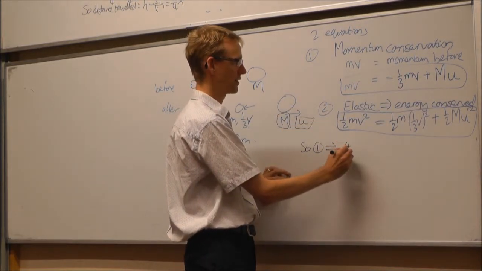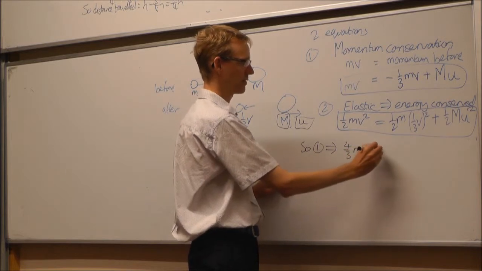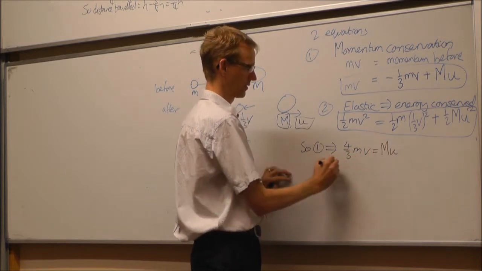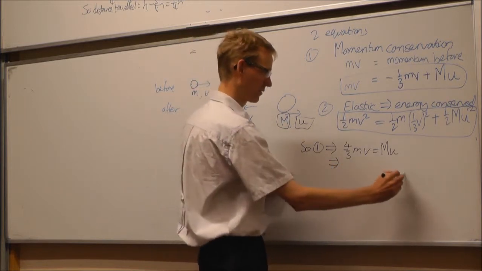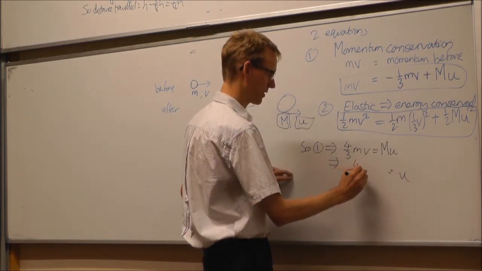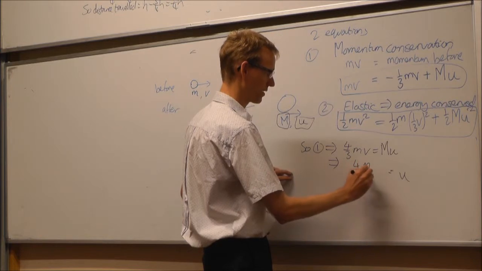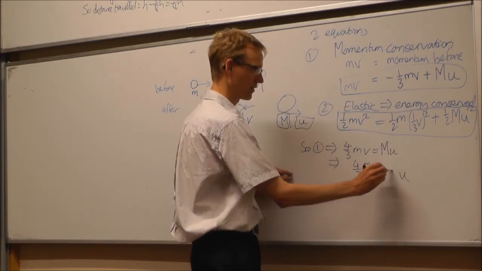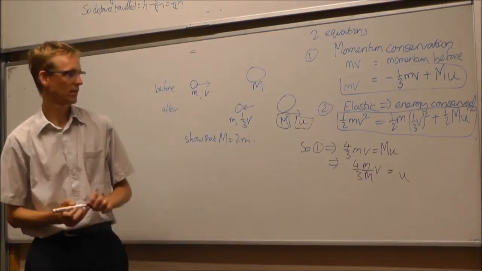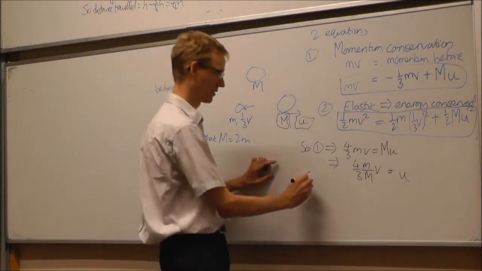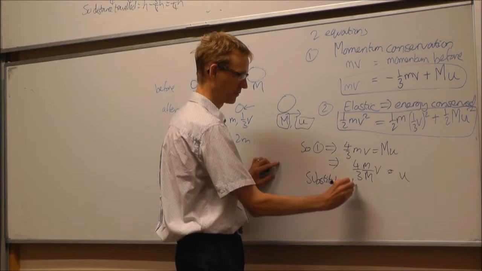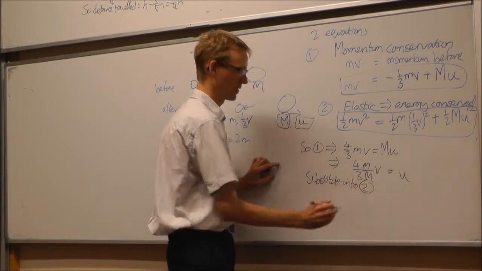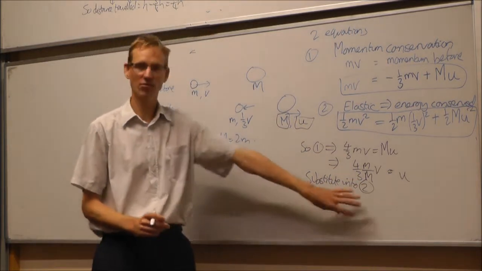So 4/3 mv equals Mu, which means that u equals 4/3 of m over capital M times v.